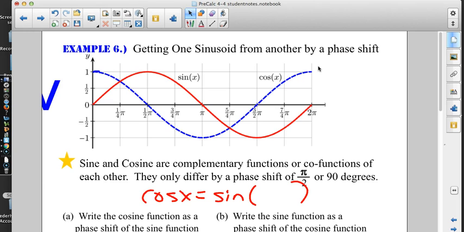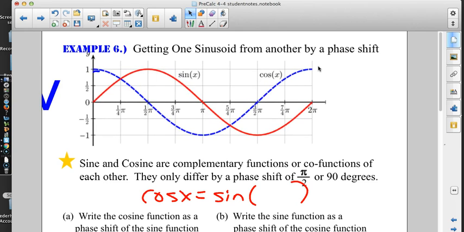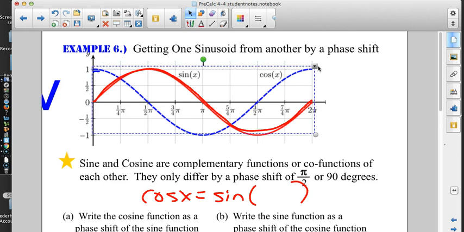So here's my sine function. Here's my cosine function. Think about the shift, about which way this is going to have to go. Well, if I want sine to match up with cosine, I've got to move it back this way.